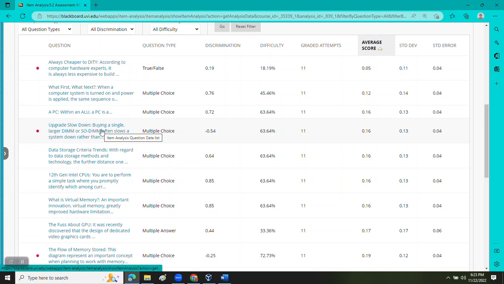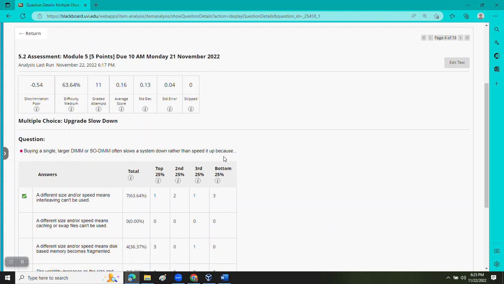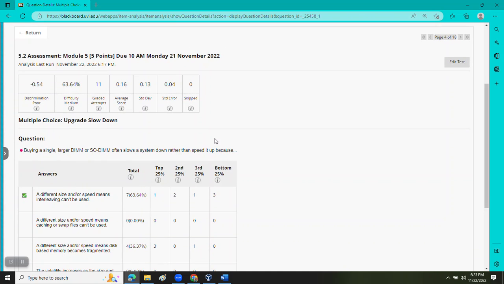The next item that posed challenges for many students was a multiple choice item that reads, upgrade slowdown. It may be counterintuitive, but when you add a dual inline memory module, a RAM module, to improve your system performance, if it's not the same size and the same speed, it can actually slow things down instead.